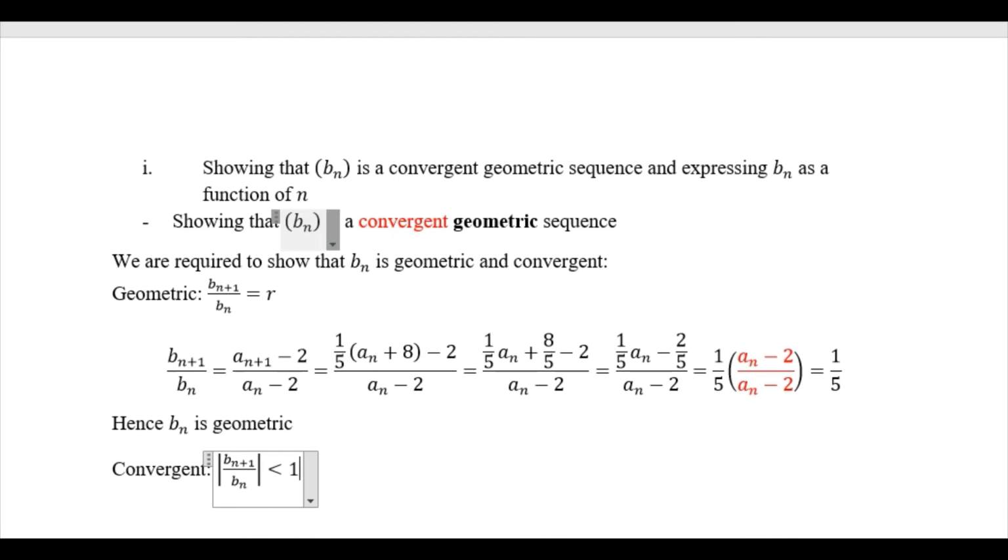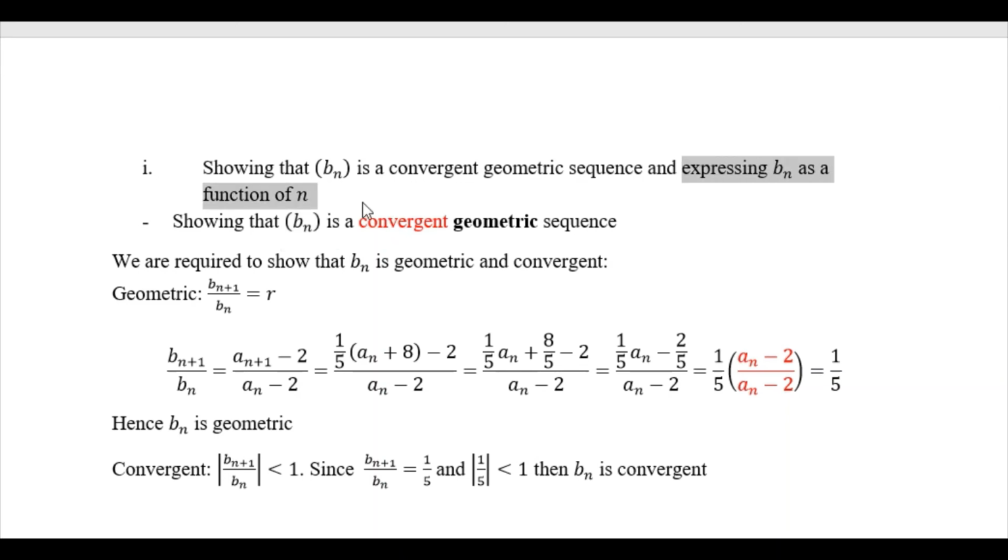Since b_(n+1) divided by b_n is 1/5, and the absolute value of 1/5 is less than 1, b_n is convergent. So we are done. The next part asks us to express b_n as a function of n.